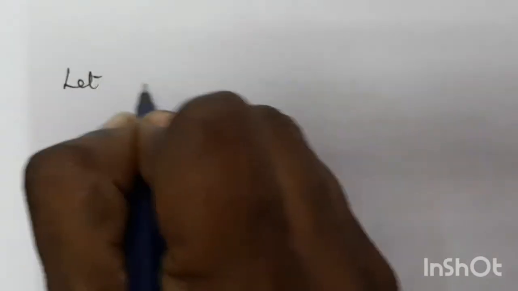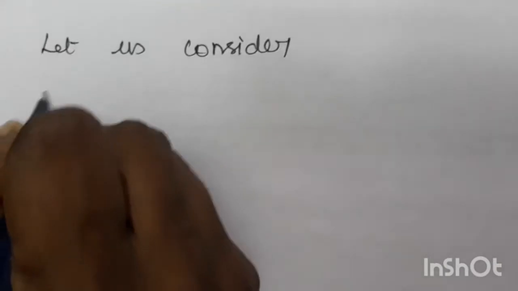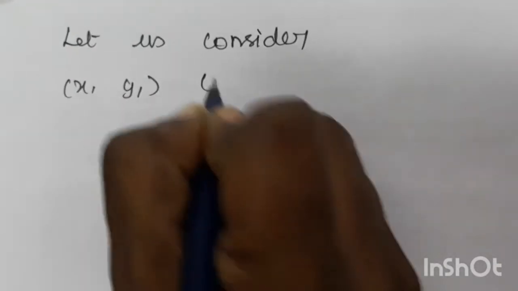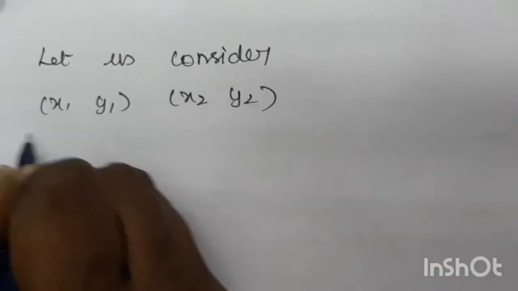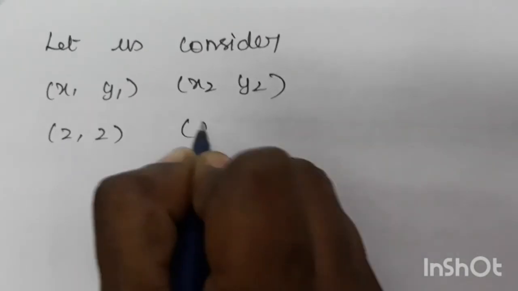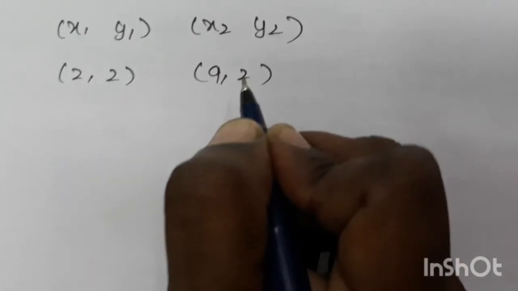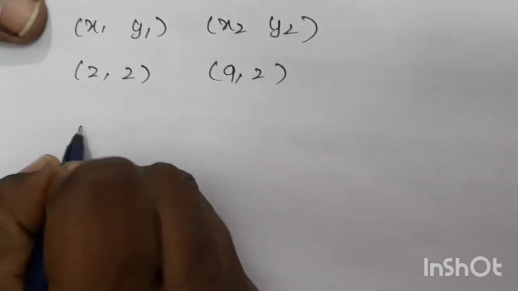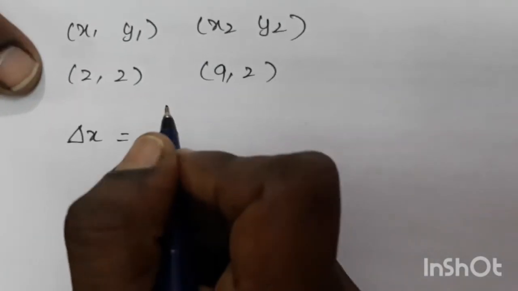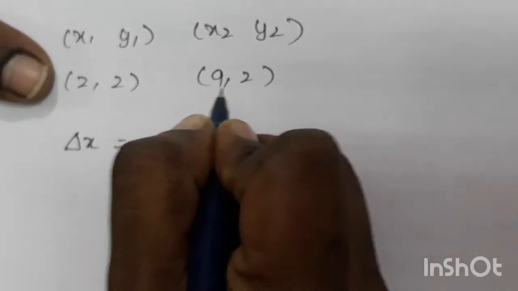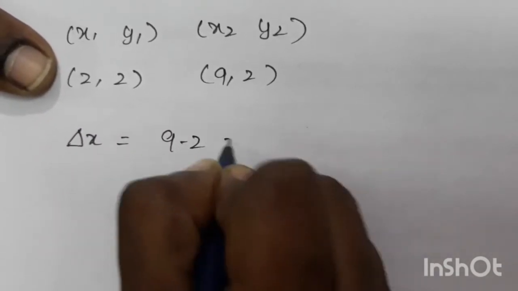Now let us consider the 2 points x1 y1 and x2 y2, that is 2, 2 and 9, 2. Now first we find out the del x value. Del x is the difference, that is 9 minus 2, which is equal to 7.